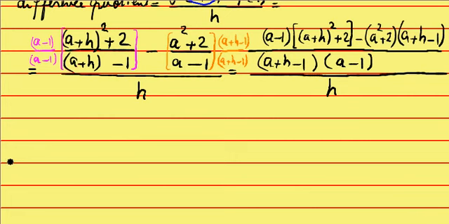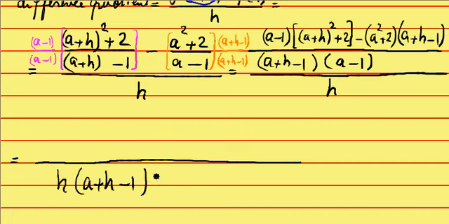Now I go ahead, I learned my lessons, go all the way to the left. Things to do: to combine this denominator with that denominator, make one common denominator. Second item, we have to multiply these things, so we get ready for that. I have denominator h, a plus h minus 1 and a minus 1.